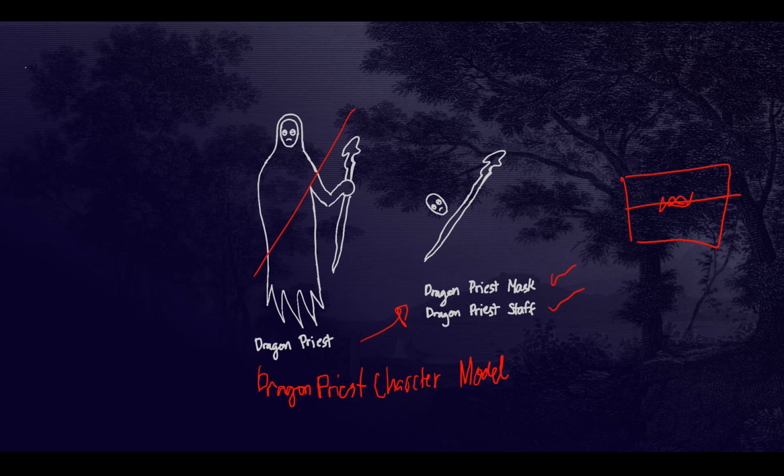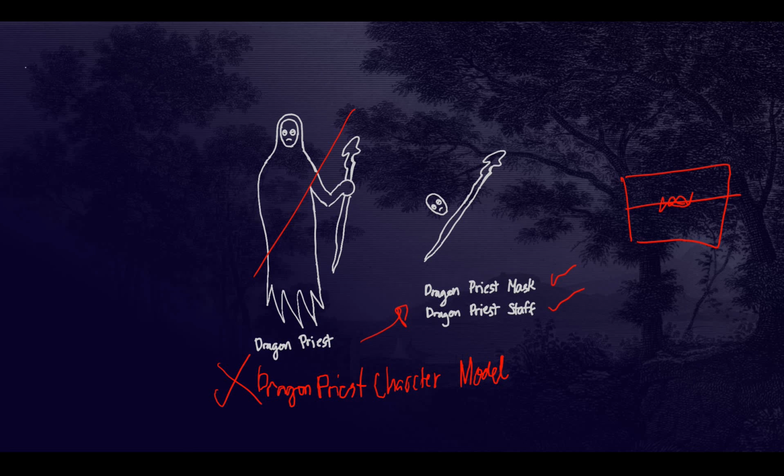So when the Dragon Priest instance is defeated, it despawns, and it would make no sense for this class right here, the Dragon Priest character model, to stay behind after the Dragon Priest instance is defeated, because it wouldn't make sense to show the character model if the Dragon Priest doesn't exist anymore. Therefore it ceases to exist as well. So this must also despawn. This means that the relationship between Dragon Priest and the dependency Dragon Priest character model is composition.